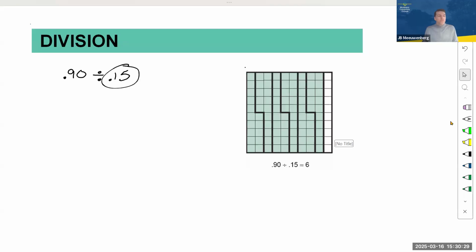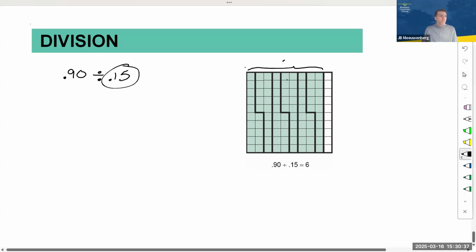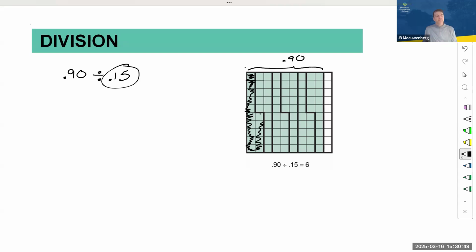The green shaded region represents 90 hundredths or 9/10. And then we are looking at our divisor of 15 hundredths. And you can see that one is segmented off right here. There's 10, 11, 12, 13, 14, 15.